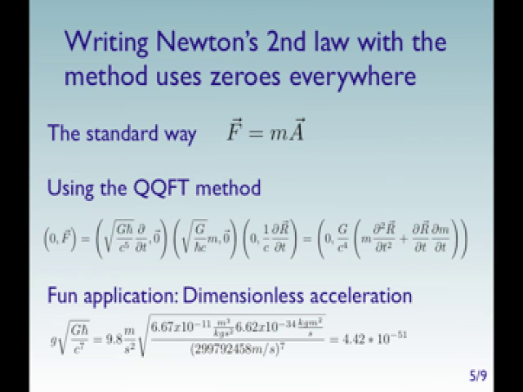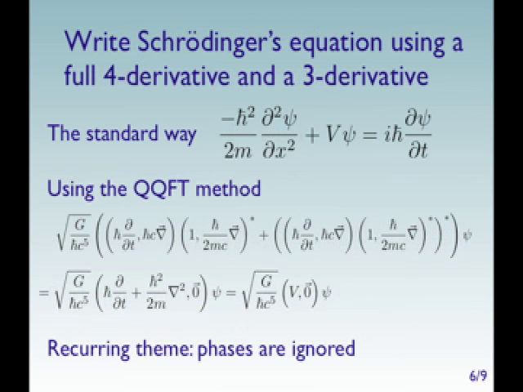All right, so now we're going to switch over to quantum mechanics. And we're going to try to write Schrödinger's equation using a full 4-derivative and a 3-derivative, specifically a spatial derivative. So here's the standard way of writing the Schrödinger equation that you'll find in Wikipedia and good sources of information.